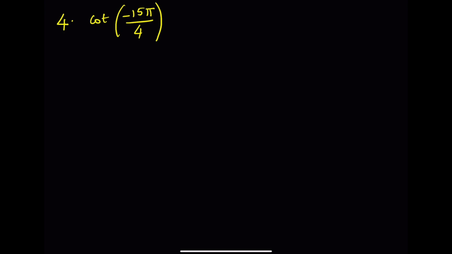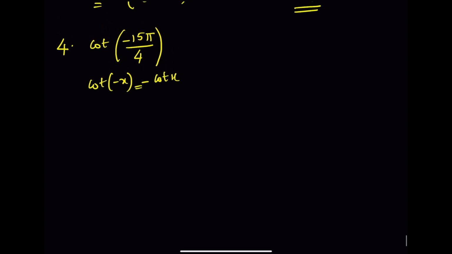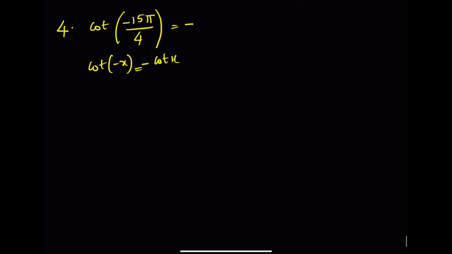Let's solve the fourth problem. Here we have to find the value of cot of minus 15 pi by 4. So we know that cot of minus x is minus cot x. So here this value would be minus of cot 15 pi by 4. So if you find the value of cot of 15 pi by 4, and then take the negative value, that would be our answer.